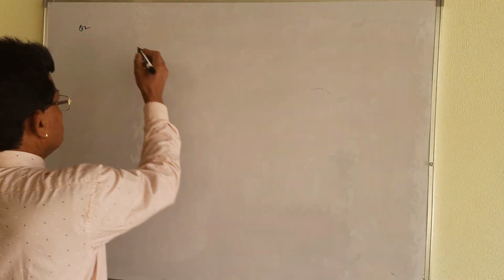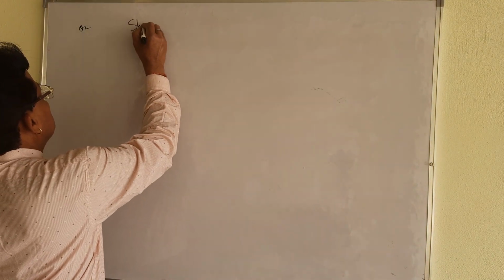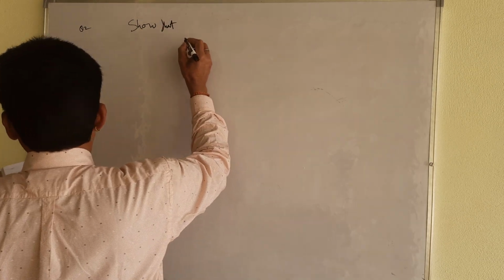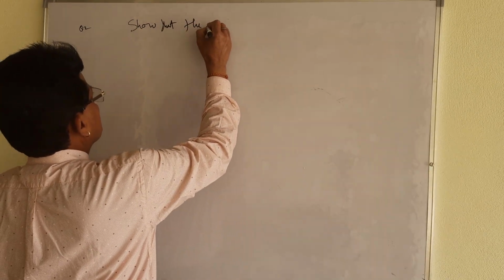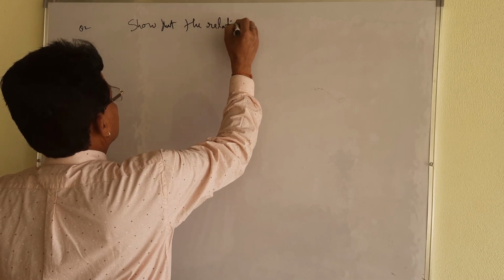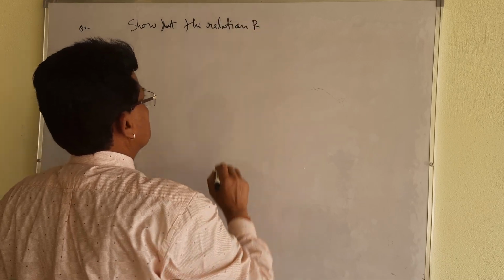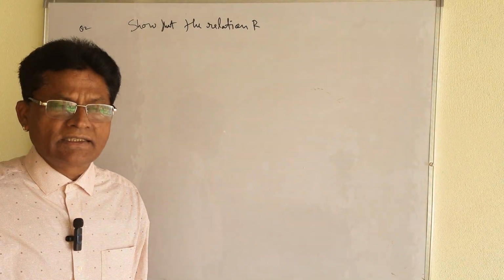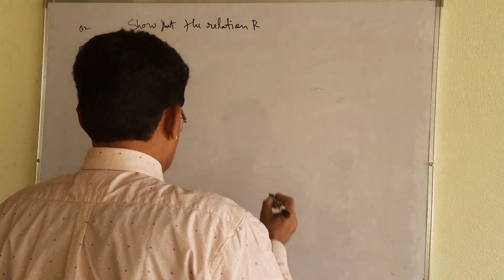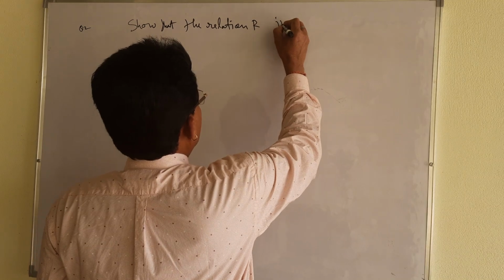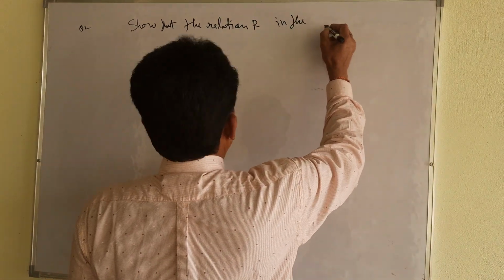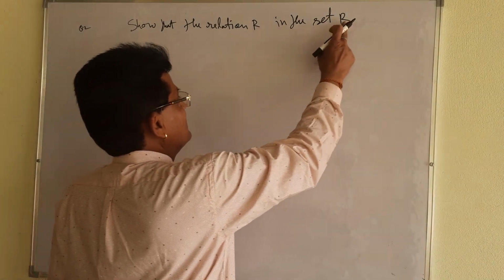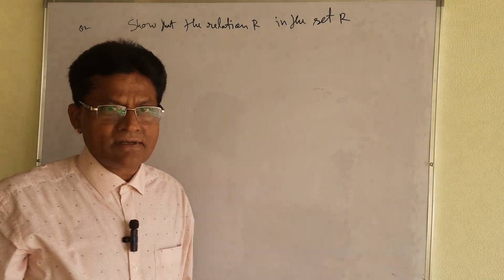First of all, my dear student, try to understand the language of the question. The relation, that is to be denoted by R. This is the point to concentrate over. Relation is denoted by R, and in the set R, here it is relation, here it is set R, means real numbers.